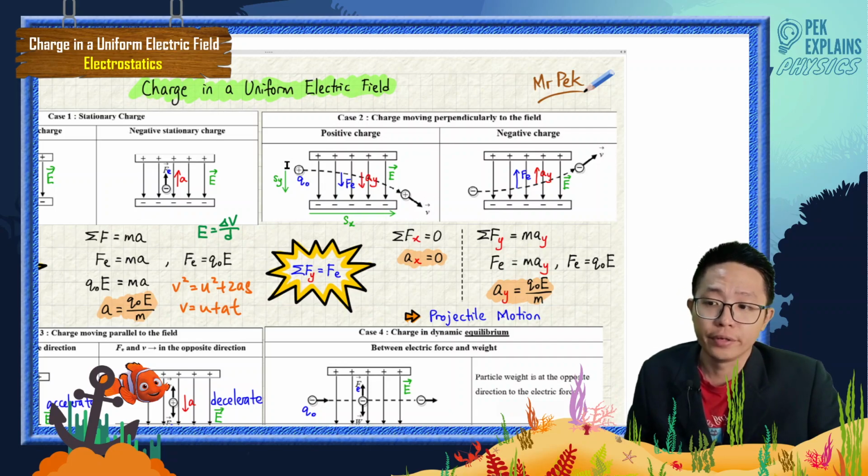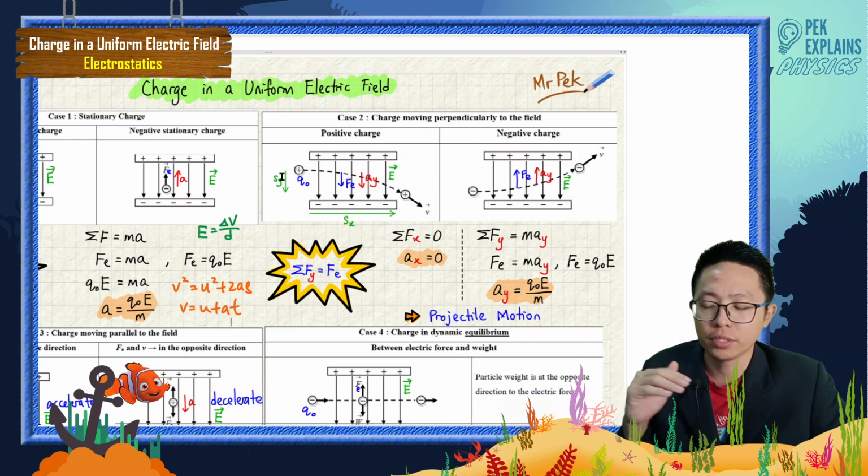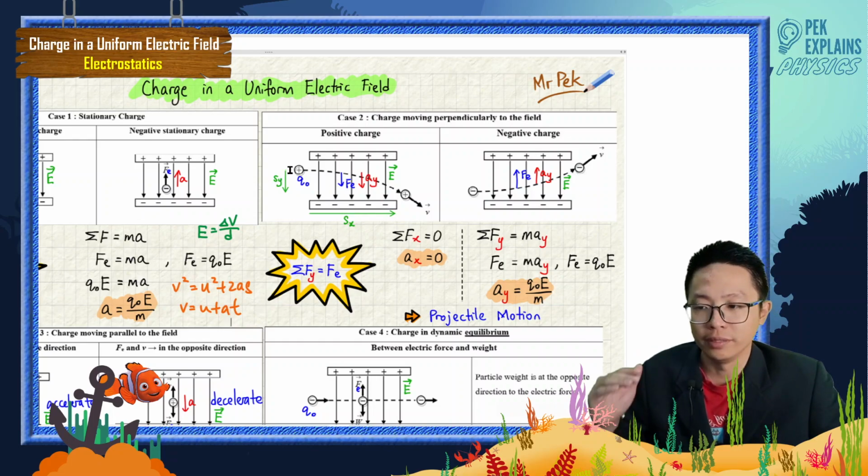Of course, we know that the positive test charge will be attracted by the negative plate. The negative test charge will be attracted by the positive plate. So the positive test charge, because it is attracted by the negative plate, will curve towards the negative plate. It won't just go straight undeflected.